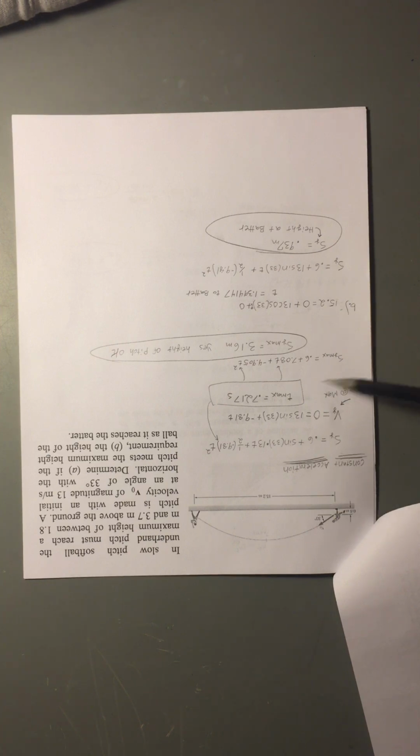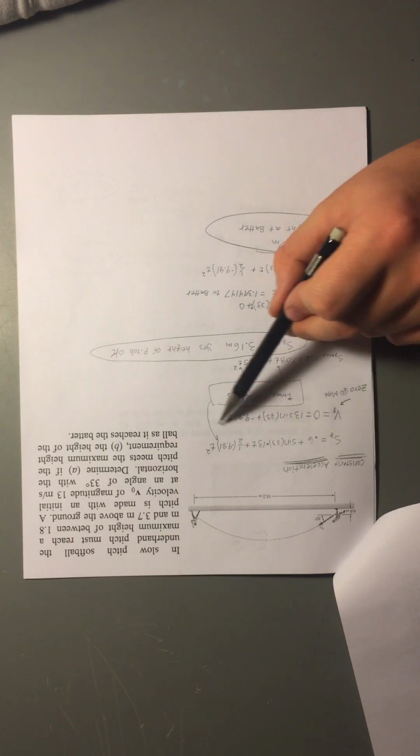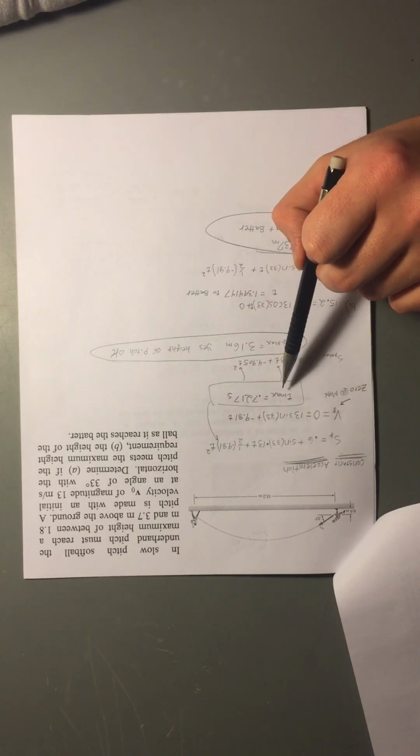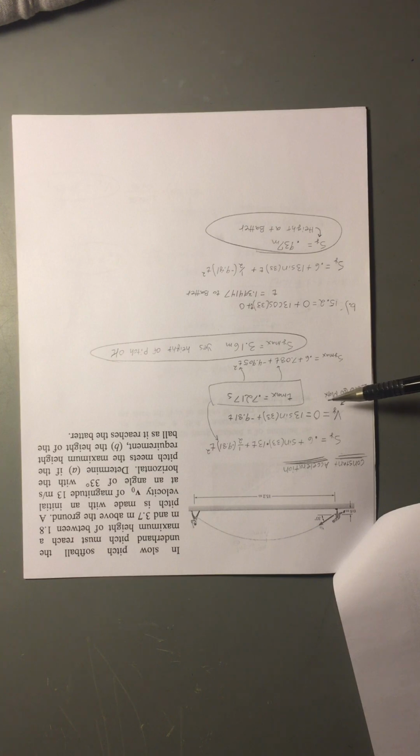So once we have that time, we can go back up and find the position in the y direction at that time. So it's a similar step of just plugging those numbers back in to one of our equations. So we're trying to find Sy, and we have this equation here that we can plug the T max that we just solved for.